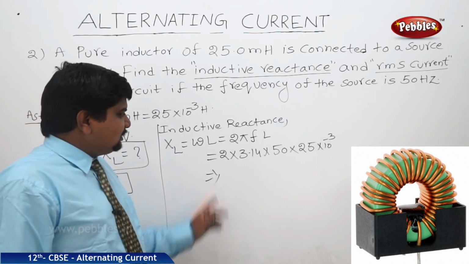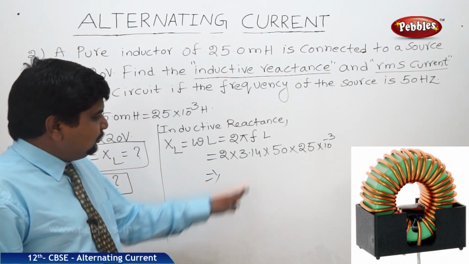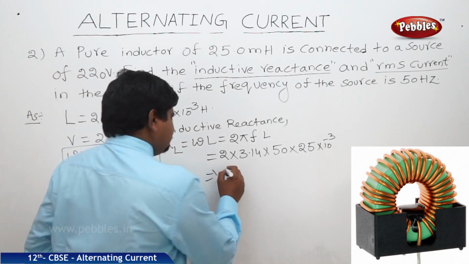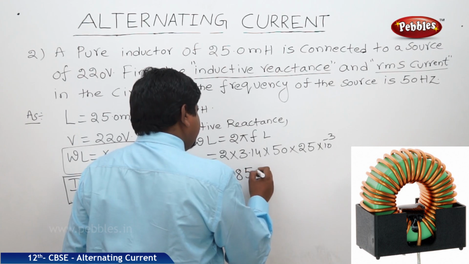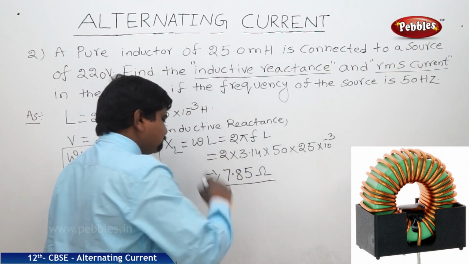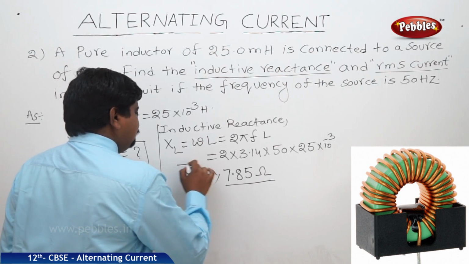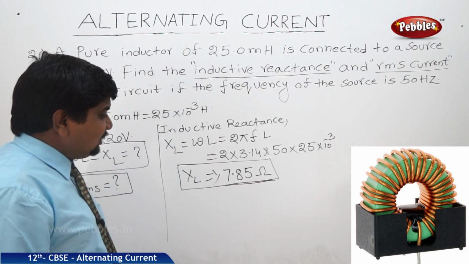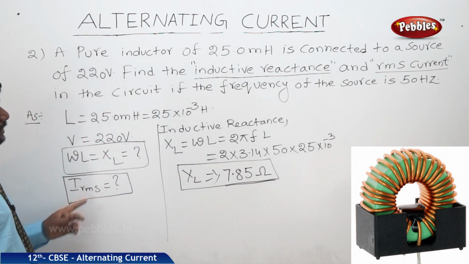If you substitute all the things, 2 into 50 is 100, 100 into 25 is 2500, 2500 into 3.14 by 1000, we will get 7.85 ohms. This is the inductive reactance. We know that inductive reactance is similar to resistance in dimensions and units.